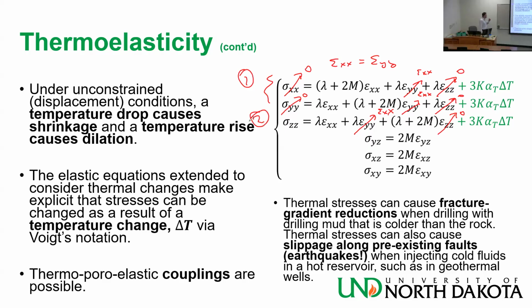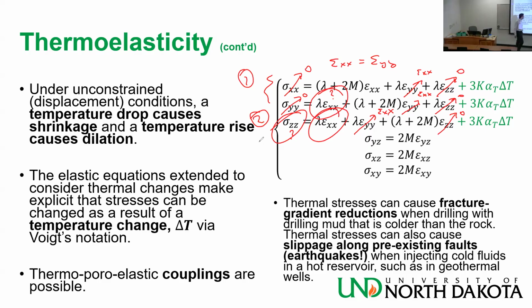The third one becomes the second equation. So I have 2 equations and 2 unknowns. What are my unknowns? My unknowns are epsilon xx and sigma zz. So I have 2 unknowns, and I have 2 equations and 2 unknowns.